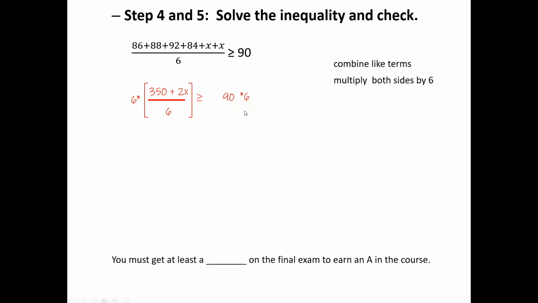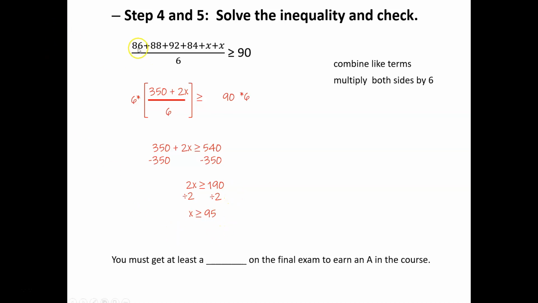So these will cancel, and we'll get 350 plus 2x is greater than or equal to 540. Then we're going to subtract 350. We're going to get 2x is greater than or equal to 190. Then we're going to divide by 2, and we get x is greater than or equal to 95.